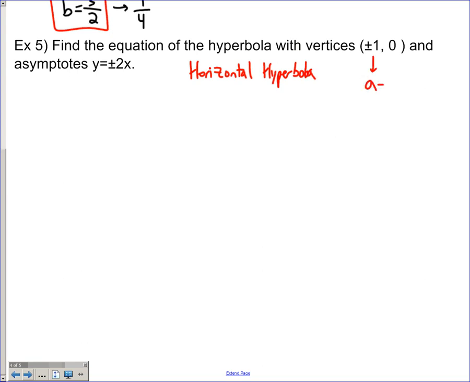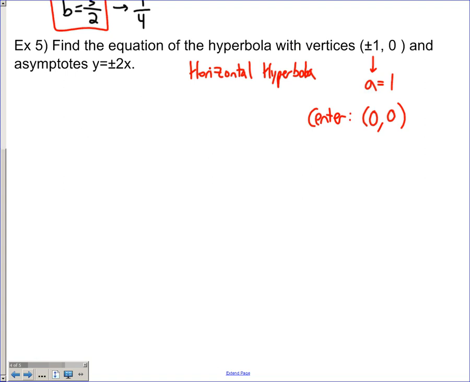It also tells me that a is equal to 1. And whenever your vertices are equally centered, that means that your center value is 0. So plus or minus 1 is 1 in either direction from the origin. So here we have 0, 0 as our center.